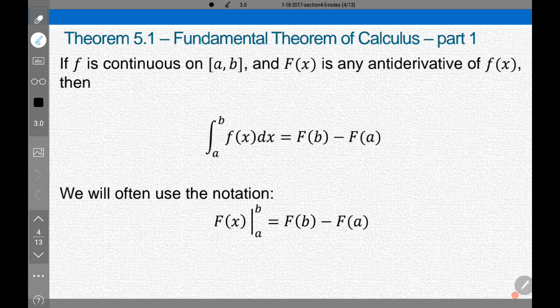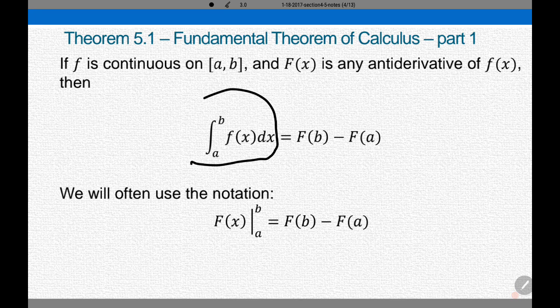Pretty much, we've got our standard stuff here with our fundamental theorem of calculus. We've got our integral from a to b of some function f of x with respect to x. And here, this is telling us big F is the antiderivative of f, our little f of x.